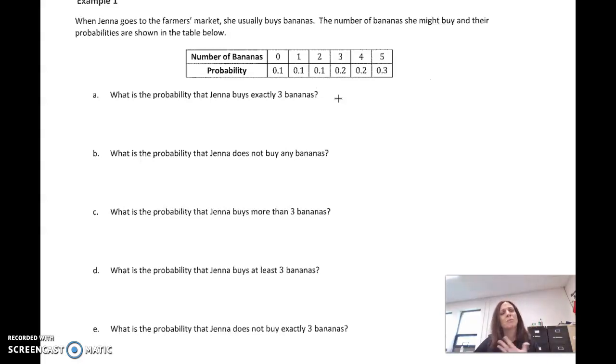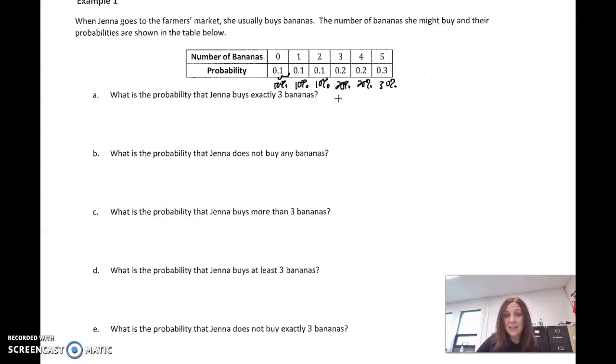Now remember, we can leave this as fractions, we can leave it as decimals, or we can turn them into percents. So I could move the decimal over twice and say this is 10%, and this is 10%, and this is 10%, and this is 20%. Feel free to do that if that's more comfortable for you.